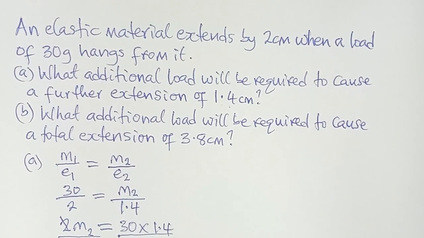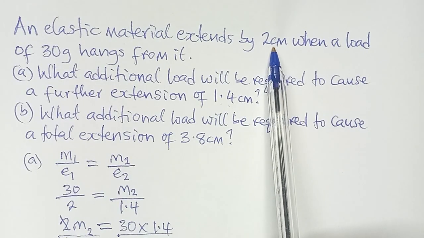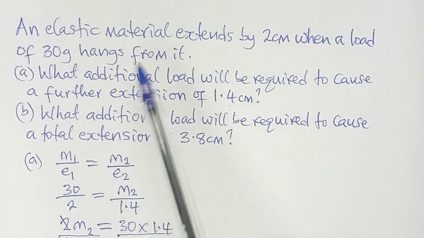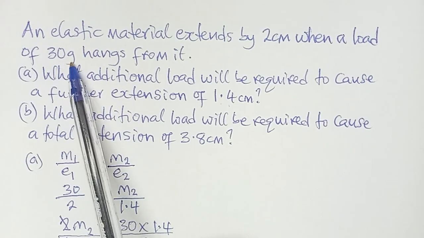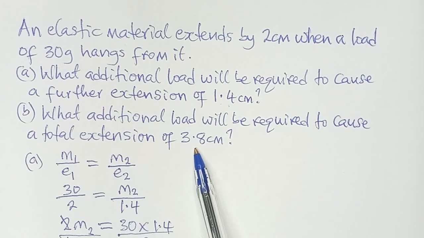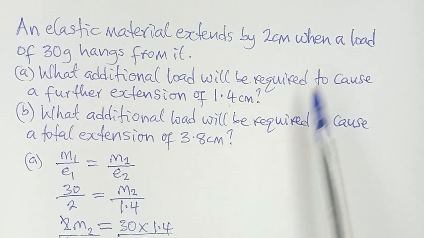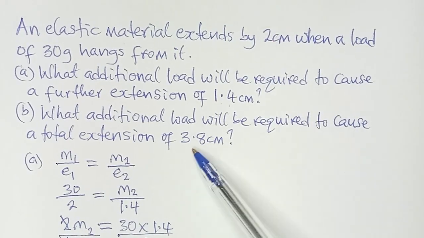The 30 gram mass in the question caused an extension of 2 centimeter. Now, an additional load is added to this 30 gram, and then the total extension it gives is 3.8. So that means that additional load causes an extension that is the difference between these two.